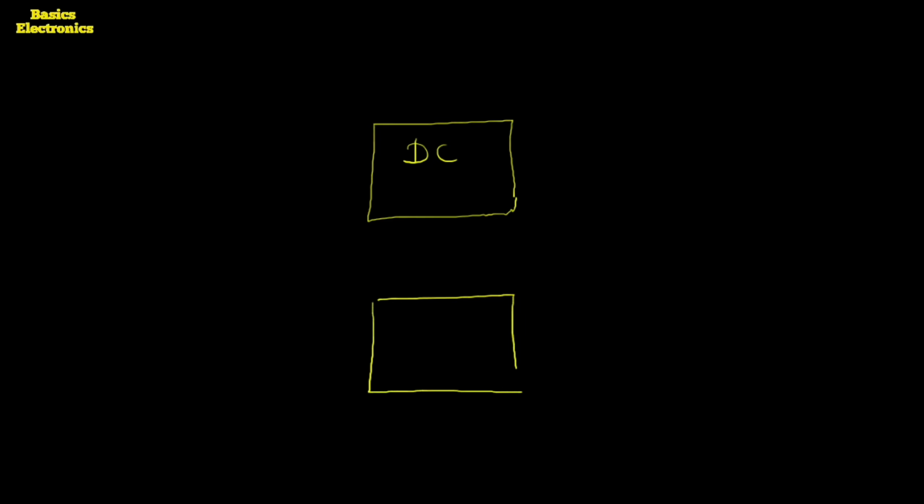Okay, the power supply which provides a stable output voltage. Here I am going to draw one more block diagram. Here this is a power supply, and the second block is also a DC power supply.